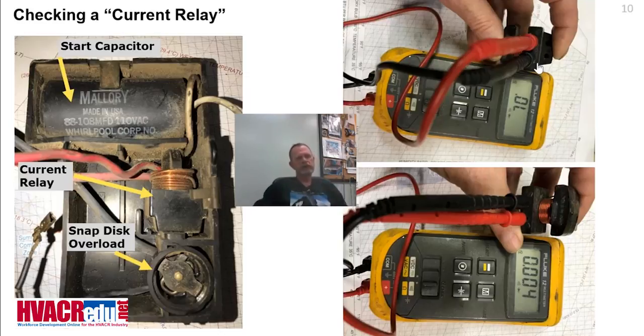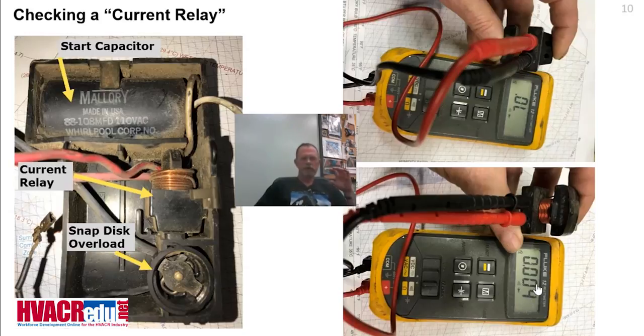So when you have the relay right side up, which is the top picture, and I've got my VOM selected to ohms, the way it would mount on the side of the compressor, you should have no continuity, okay? If you turn it upside down like the lower picture, notice where the pins are, then you should have continuity. Basically, I read 0.004. That's basically full continuity.